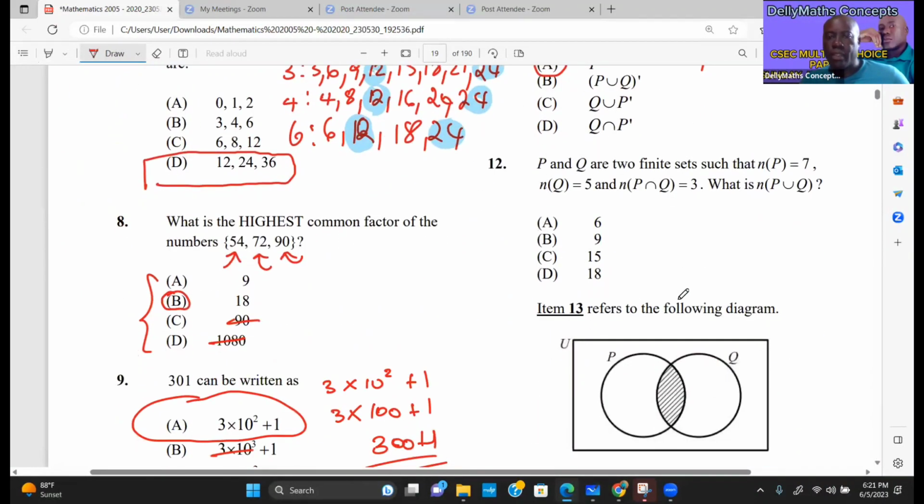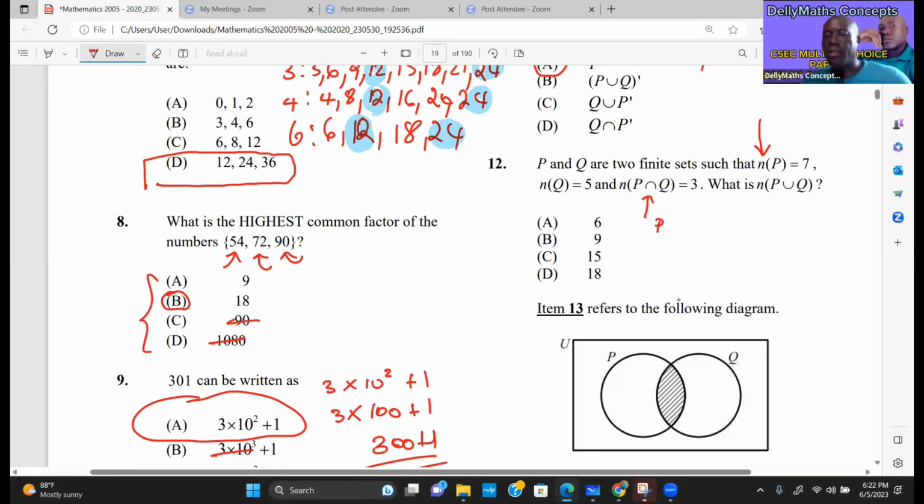P and Q are 2 finite sets such that the number, this little n here means the number of elements in. So the number of elements in P is 7. The number of elements in Q is 5. The number of elements in P intersect Q is 3. What is the union? We spoke about this already.